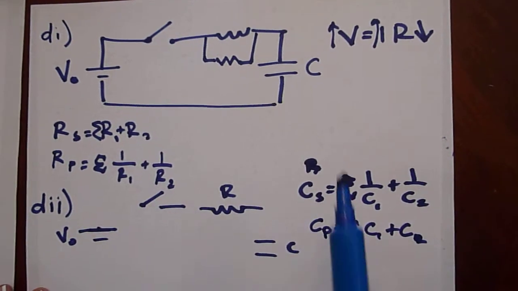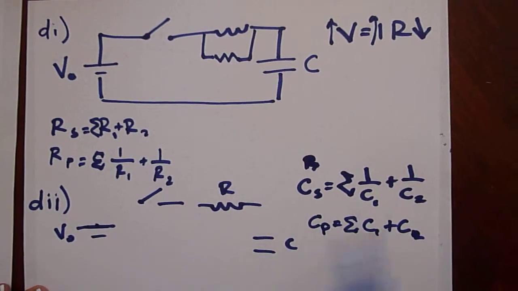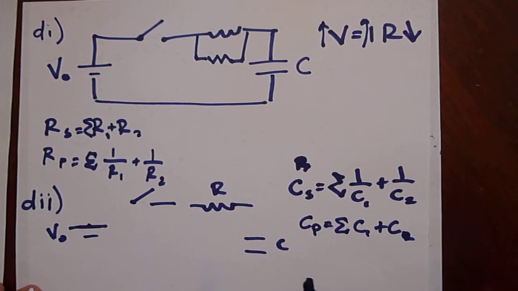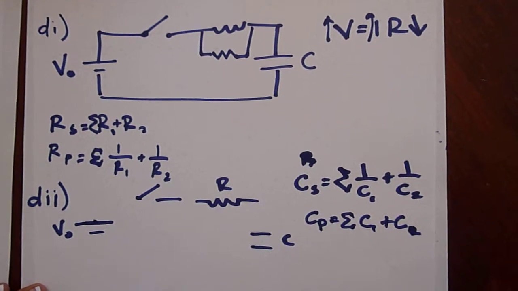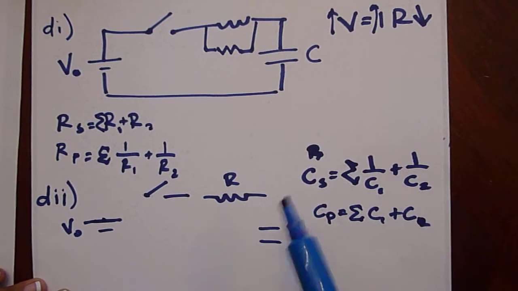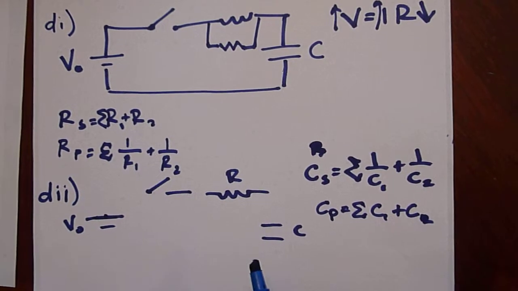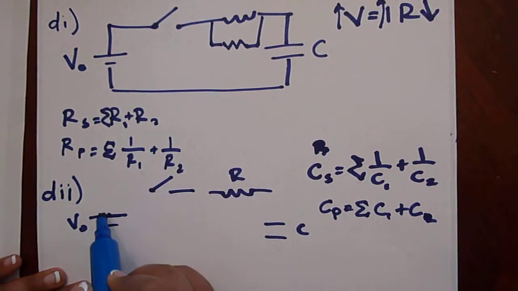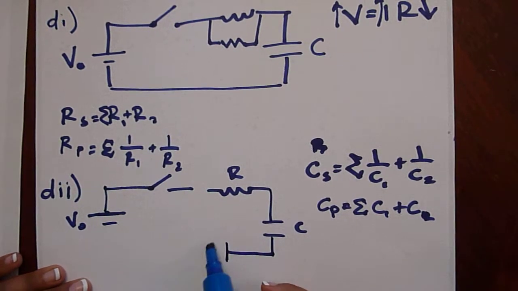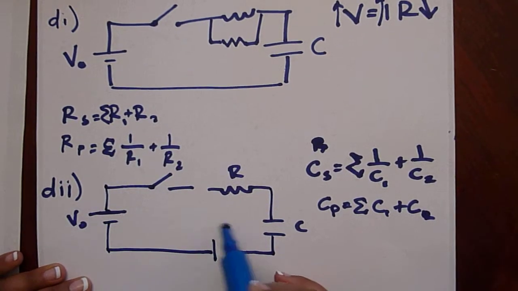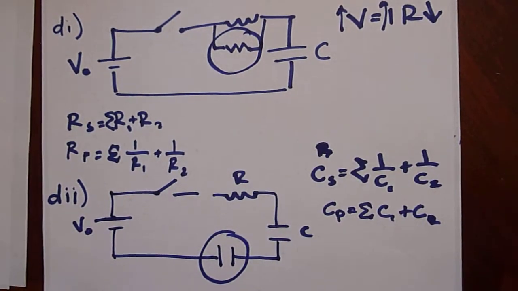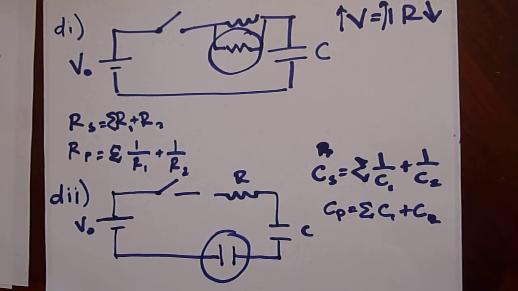In this case it won't work for us to put the capacitor in parallel, because if we do, net capacitance will go up, and if net capacitance goes up, then the charging time will also go up. If we look at capacitance in series, we know net capacitance will go down, and if net capacitance goes down, charging time will decrease. So we're going to add in a capacitor right here. That's what we've added in here, and for part D1, this is what we've added. And that is pretty much it.